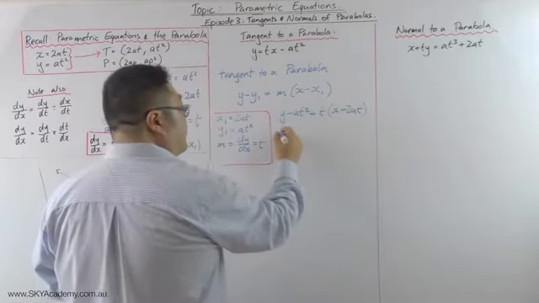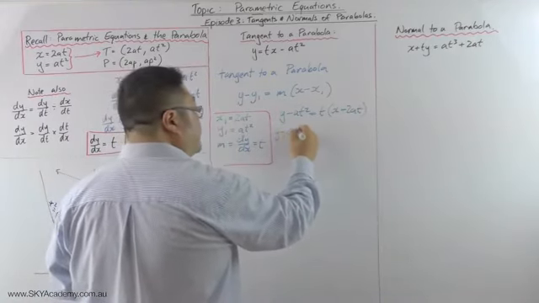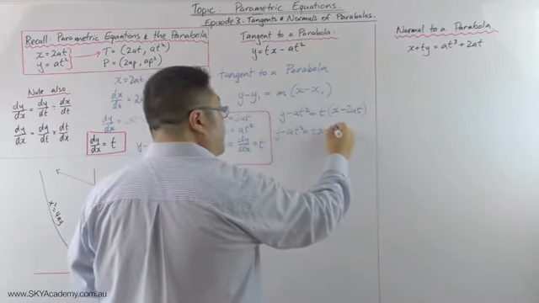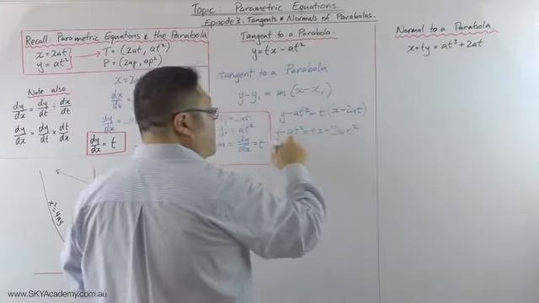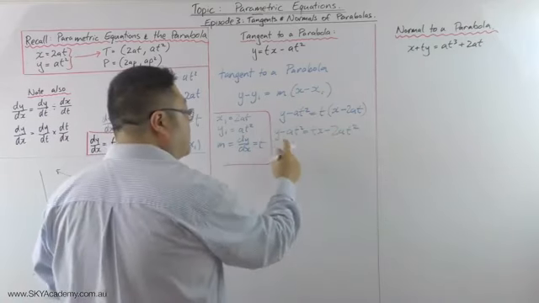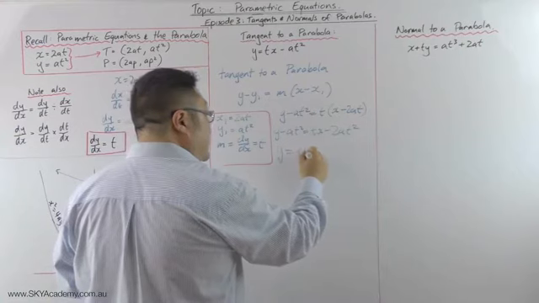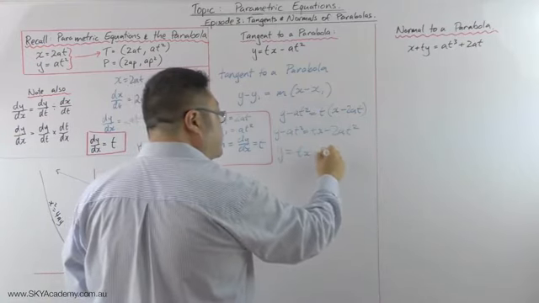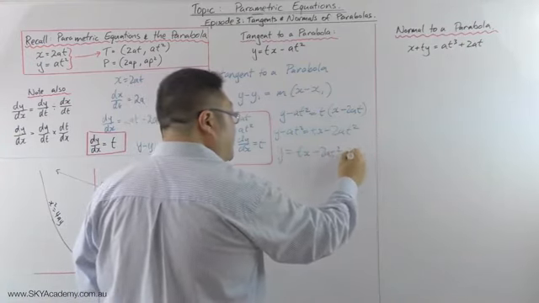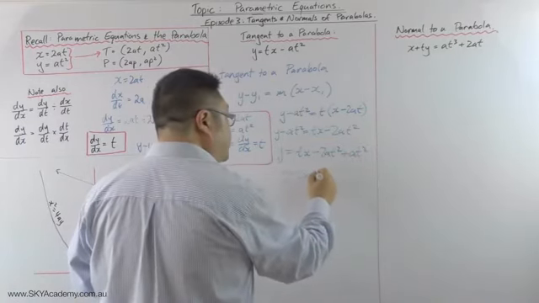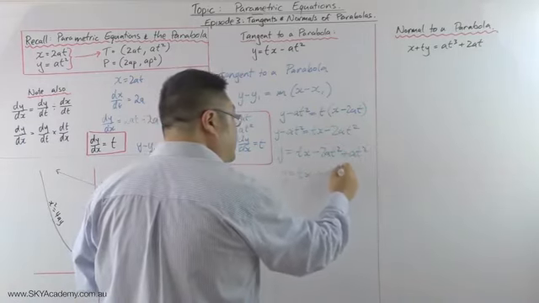Simplify that down: y minus at squared equals tx minus 2at squared. Add 2at squared to both sides. y is equal to tx minus 2at squared plus at squared. y is equal to tx minus at squared.